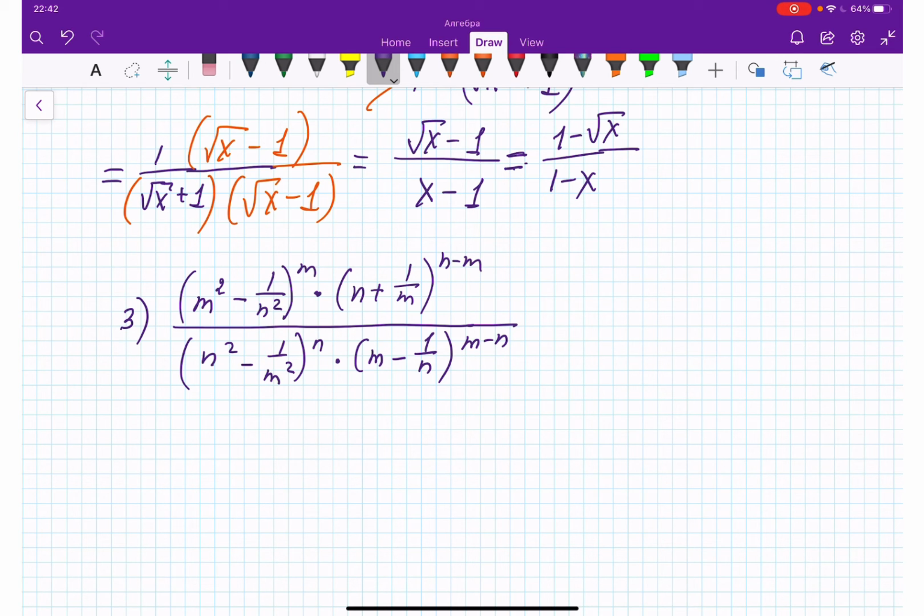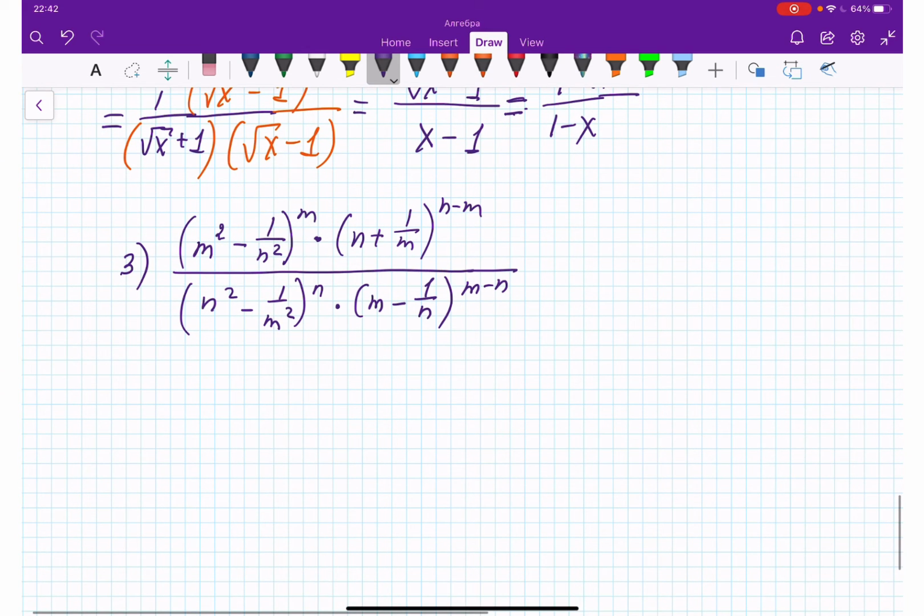Okay, let's start working on this. Domain: m cannot be equal 0, n cannot be equal 0.